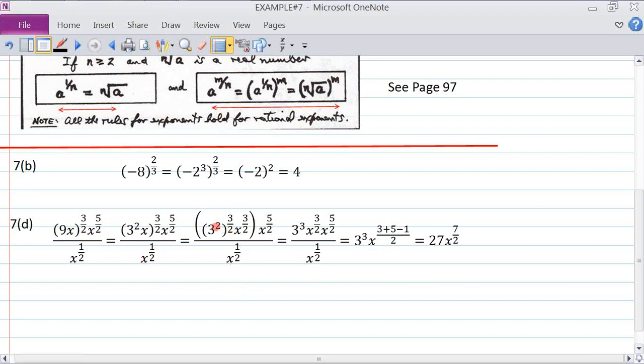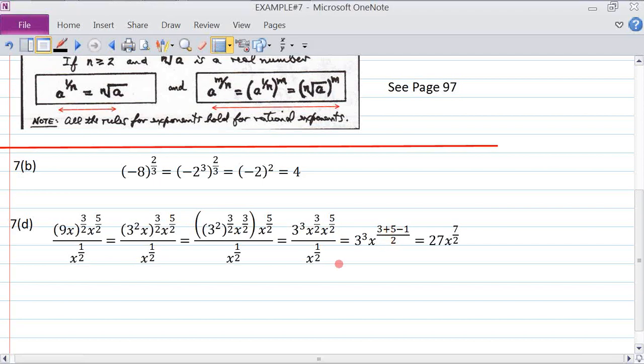Now these two, the 2 on the numerator here and the 2 on the denominator here, cancel each other, so I'm left with 3 cubed. Don't forget that this is 2 over 1. So if it's 2 over 1, this is on the numerator, that's on the denominator. They cancel, and I'm left with 3 cubed. Still have the x to the 3/2, still have x to the 5/2, and x to the 1/2. So I'm going to leave the 3 cubed as 3 cubed, and now I'm going to add the x exponents: 3/2 plus 5/2, 3 plus 5.